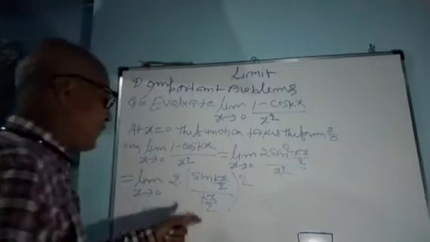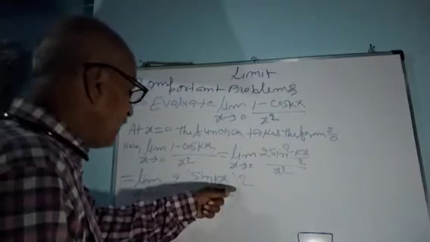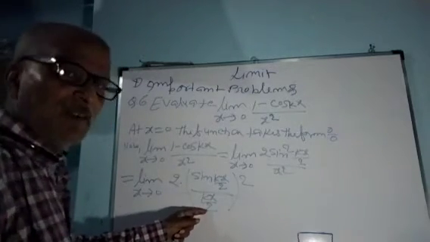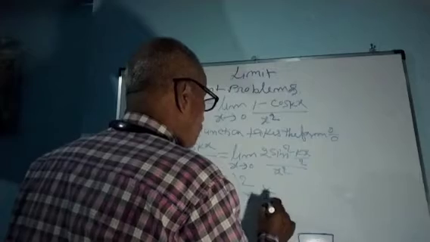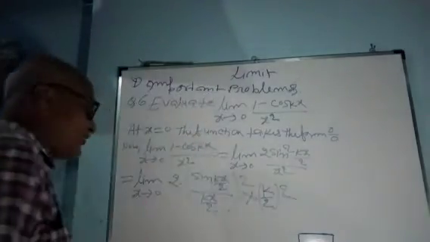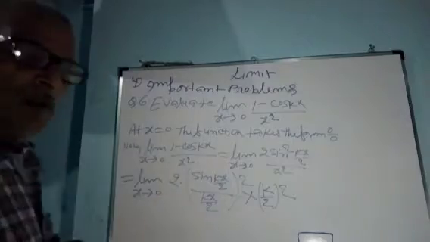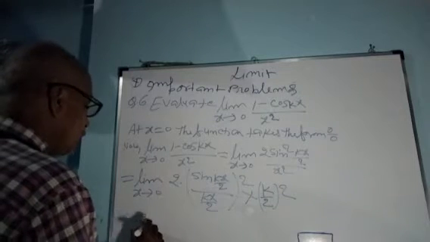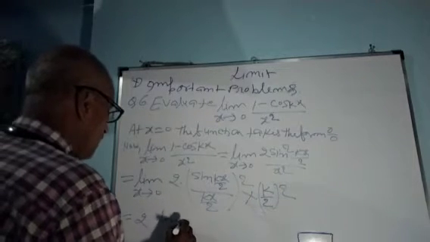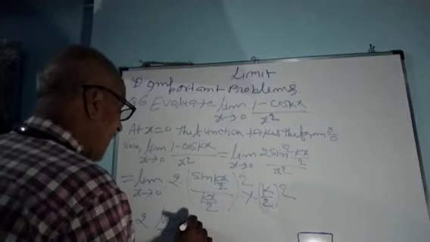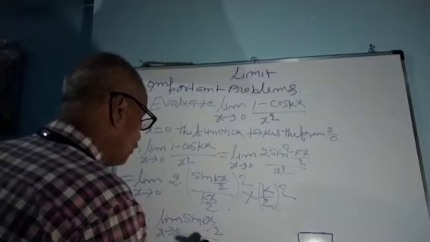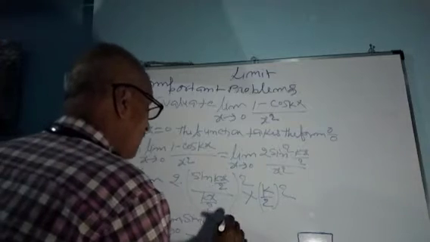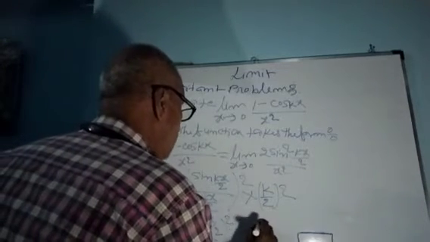Here we divided the function by k by 2 whole square, so we multiply here also by k by 2 whole square. Now the function has come in appropriate form. This is equal to 2 into limit x tends to 0 of sin kx by 2 by kx by 2 whole square into k square by 4.